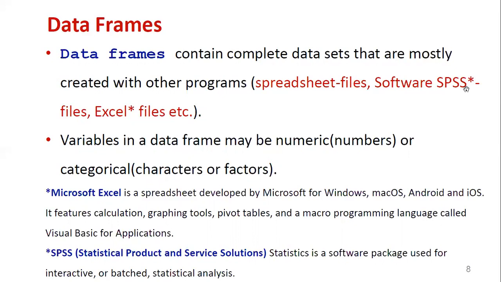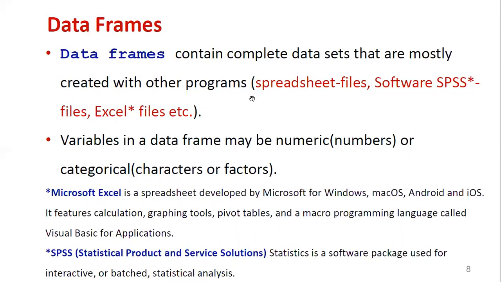So what are these? Spreadsheet we already saw in the previous slide. Whereas SPSS is a software package abbreviated as Statistical Product and Service Solutions. It is a software package used for interactive, batched or statistical analysis. This is one separate file format with its own extension.